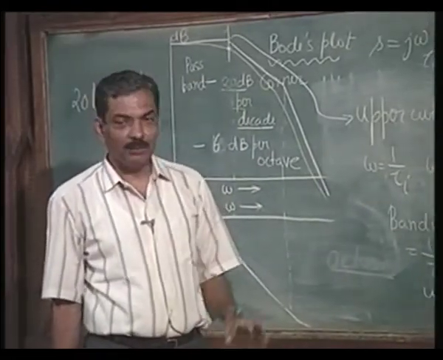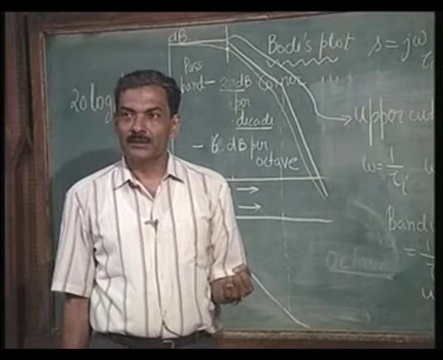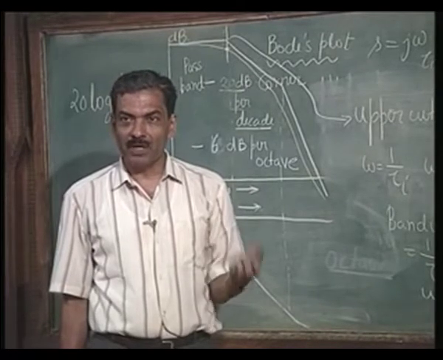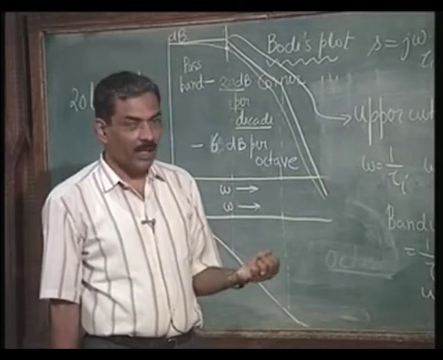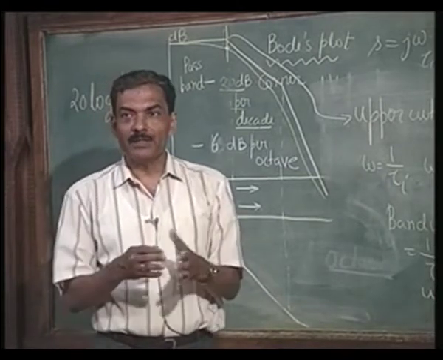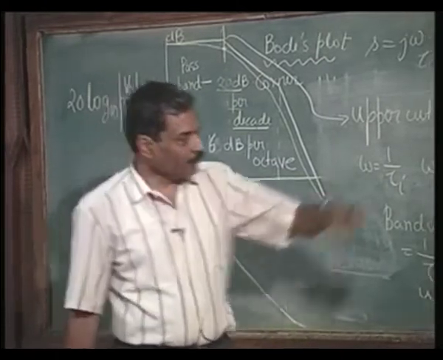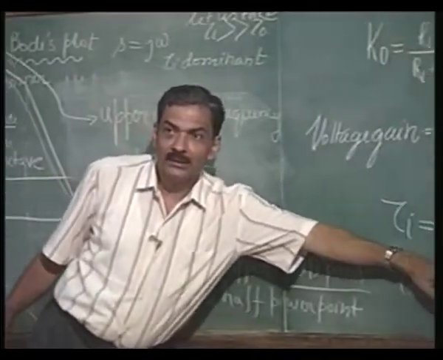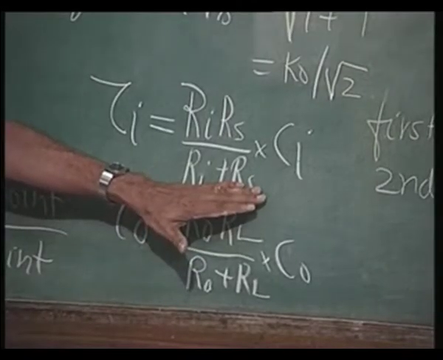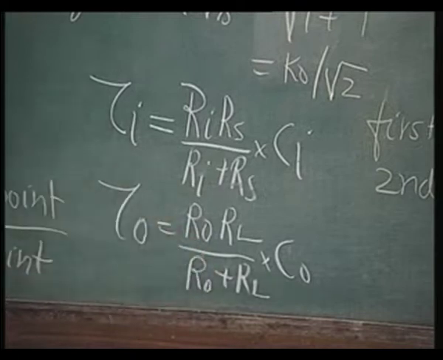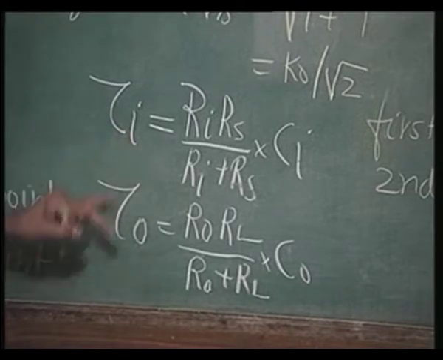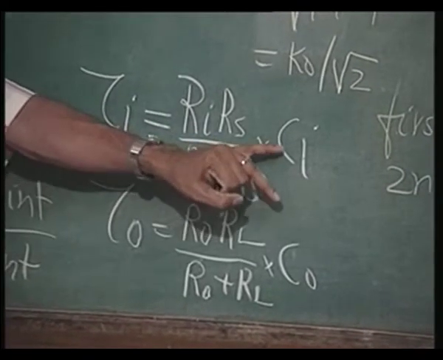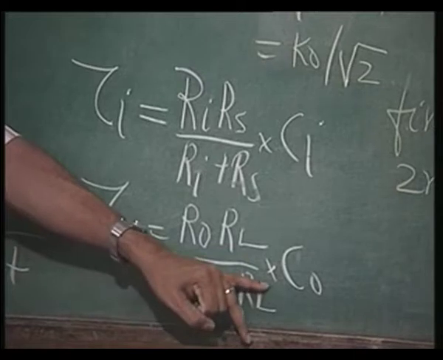This bandwidth comes about because of shunt capacitors which are unavoidable in circuits, and therefore in order to maintain the bandwidth of an amplifier very high, we have to make these time constants very low. This is obvious. This also gives us design features for wideband amplifiers. In order to make these time constants very low, we have to have obviously Ci very low, C naught very low.